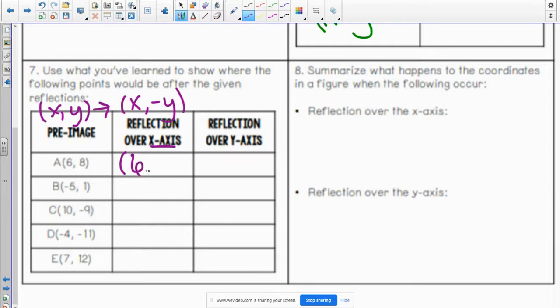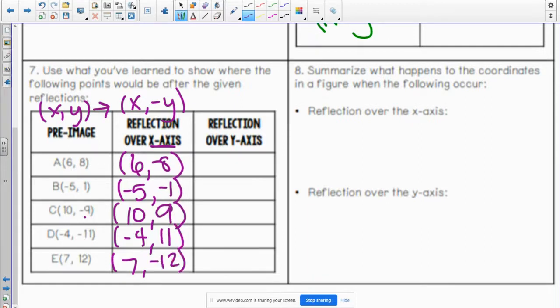So x stays the same. We'll just do all our quick x's here. And then the y's turn to their opposite, not negative, the opposite. So the opposite of 8 is negative 8. The opposite of 1 is negative 1. The opposite of negative 9 is 9. The opposite of negative 11 is 11. And the opposite of 12 is negative 12.